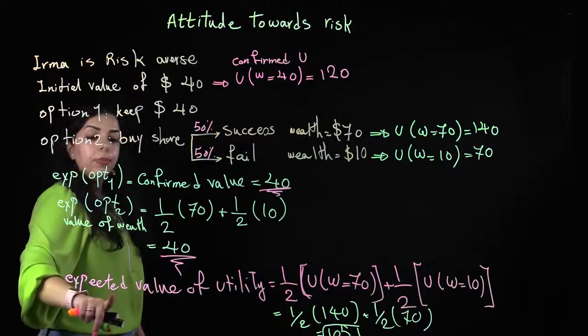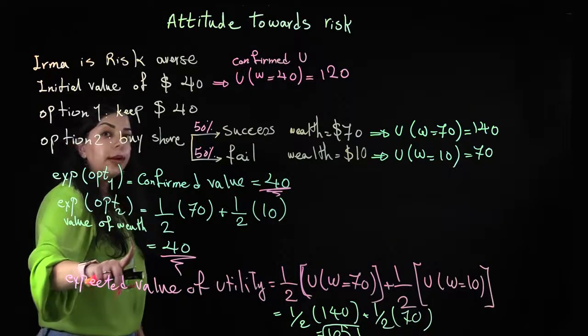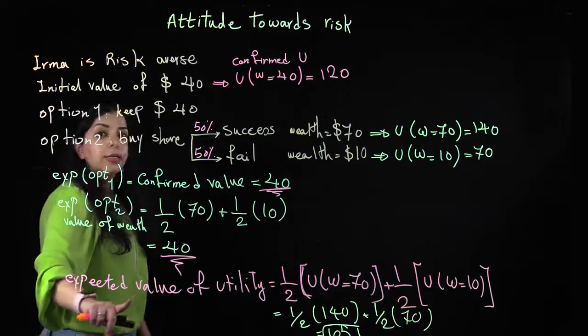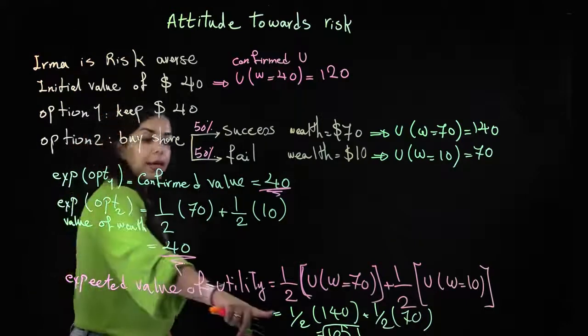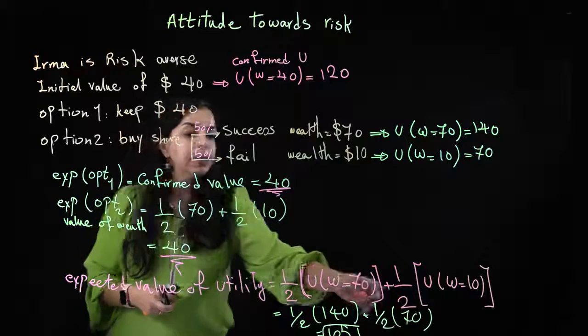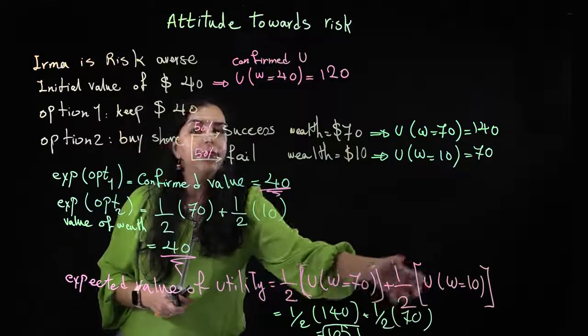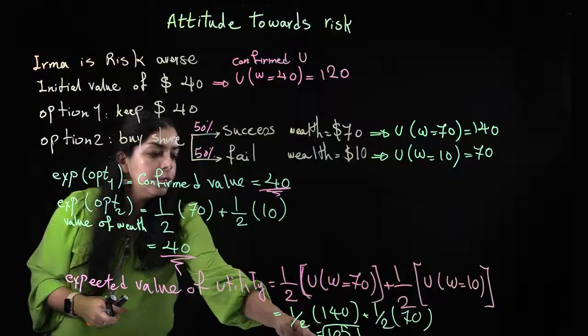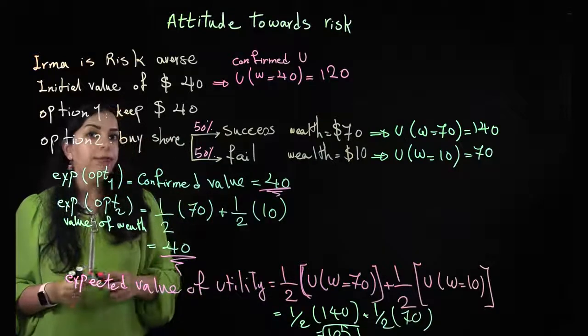But since we have the expected value, we should have the concept of expected utility as well. So how do we calculate it? We calculate the probability multiplied by the utility of success plus the probability of failure multiplied by the utility of failure, and the total amount will be 105.